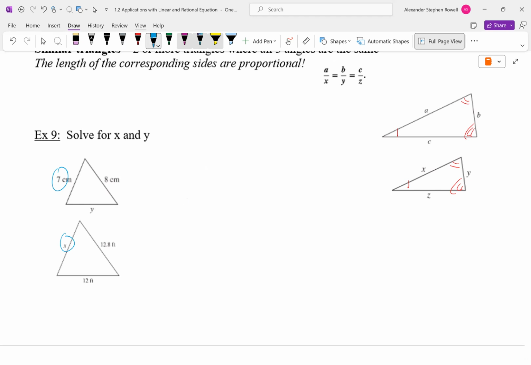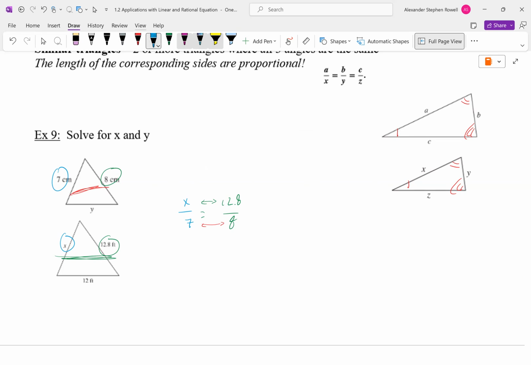So I could say X divided by 7 is equal to, do you agree with that? 8 divided by 12.8. It needs to be 12.8 divided by 8. These ones need to correspond to each other, and these ones need to correspond to each other. So it's proportional. So just be careful you don't flip one of them by accident. And that's the only tricky part.